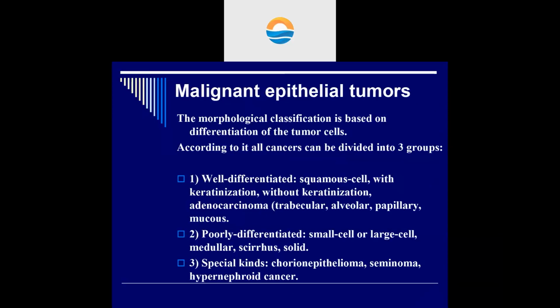Poorly differentiated small cell or large cell medulla, serous solid carcinomas, and also we recognize special kinds of carcinomas. Chorion epithelioma, chorion carcinoma, seminoma, hypernephroid cancer.